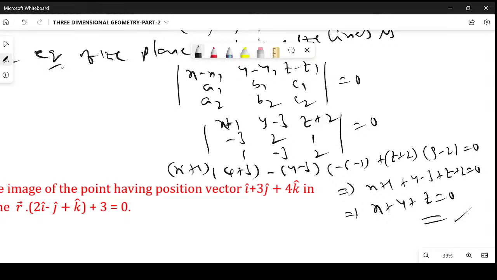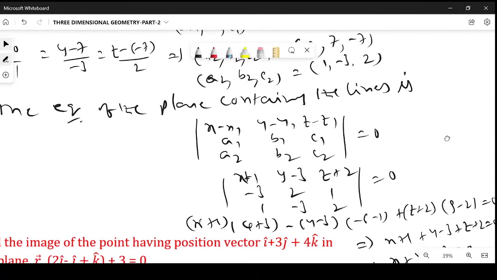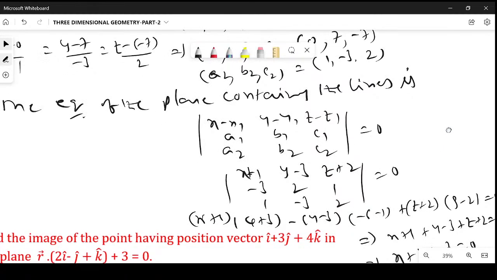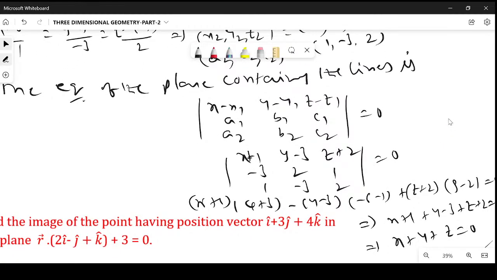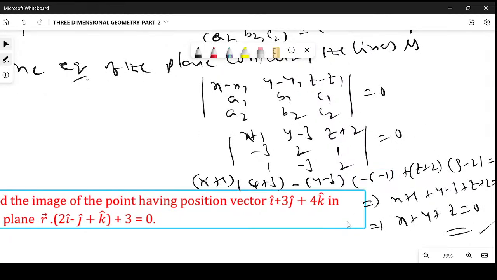That is the equation of the required plane containing the given lines. Use the determinant x minus x1, y minus y1, z minus z1, a1, b1, c1, a2, b2, c2 and expand it; it gives the equation of the plane containing the lines.